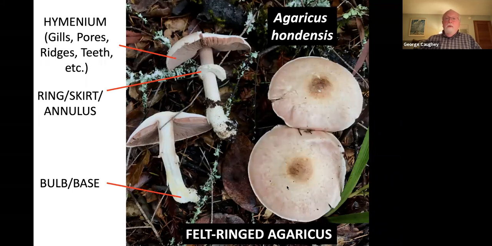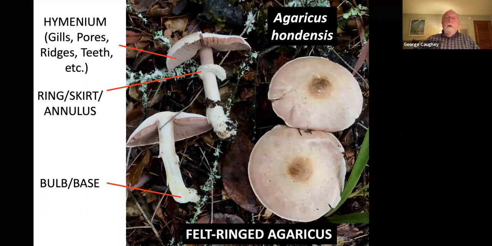This mushroom here, which I've chosen to be our mushroom spokesmodel, is Agaricus hondensis, which is named after La Honda. It was first identified locally, or nearby us. It's called the felt-ringed agaricus. It's probably our most common agaricus mushroom in Huddart and Wunderlich parks for sure in the winter.